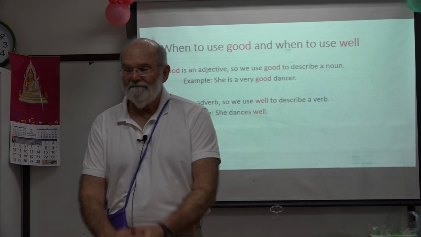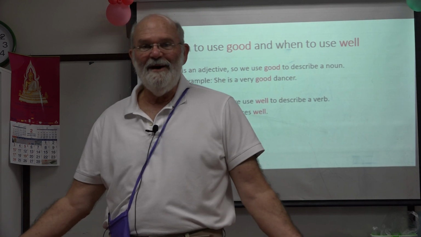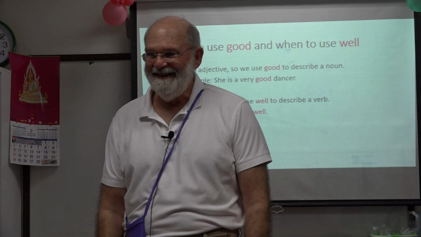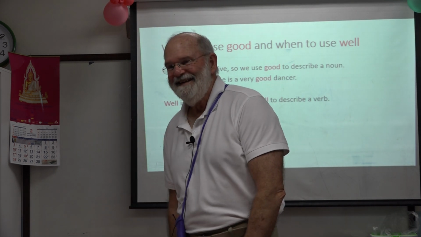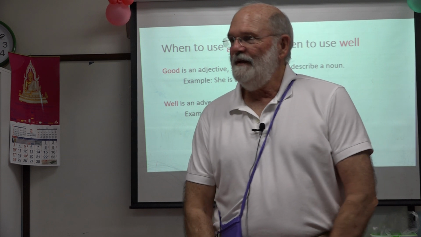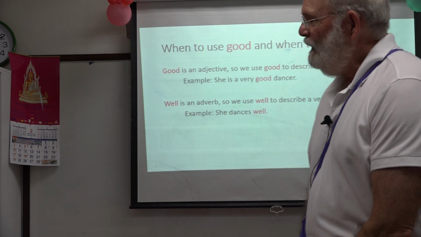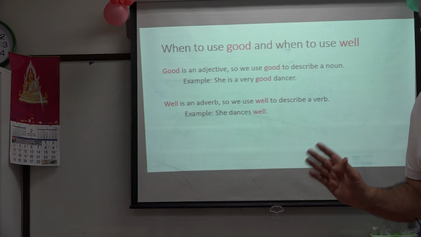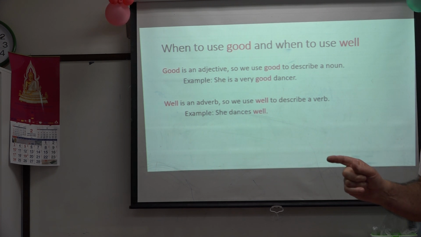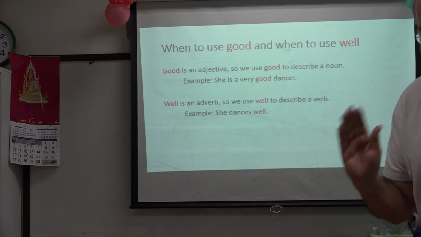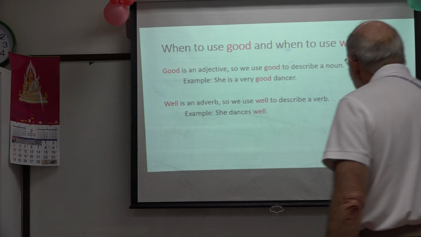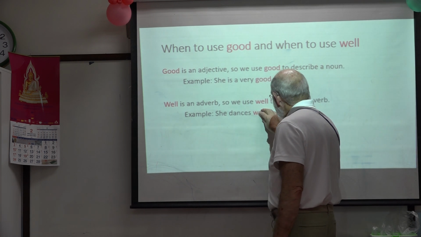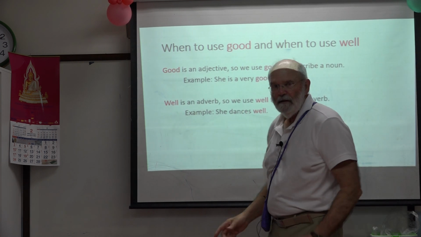Okay. That's all you need to know. Pretty simple, huh? When you use bigger, longer sentences, it gets a little more complicated. But if you remember this, you'll never make a mistake: we use good when we're describing a noun. We use well when we're describing a verb.